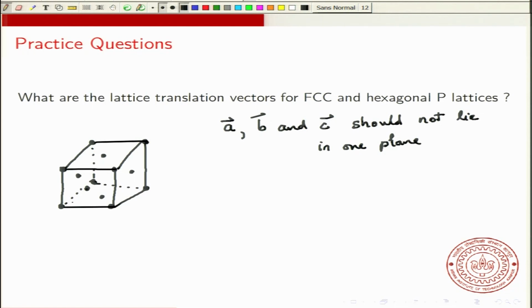I can show you one choice. You can start from one corner and go to the 3 nearest neighbor face centers.